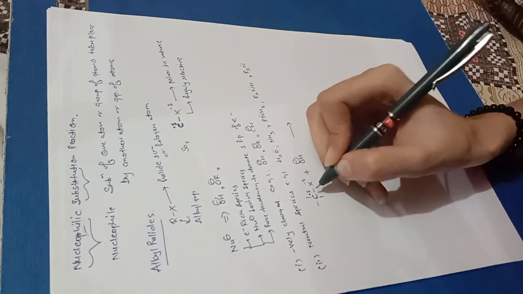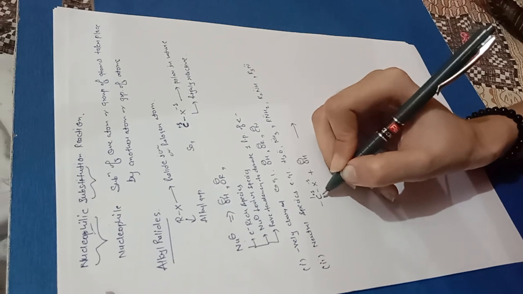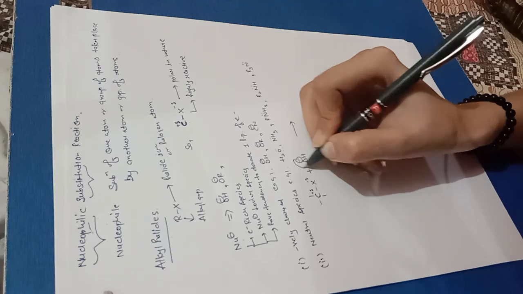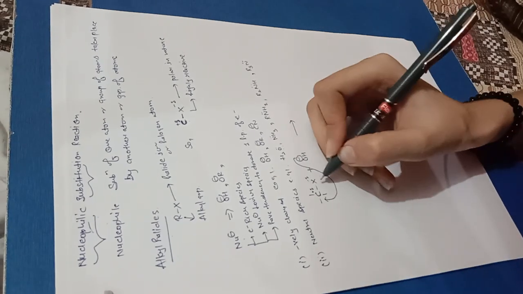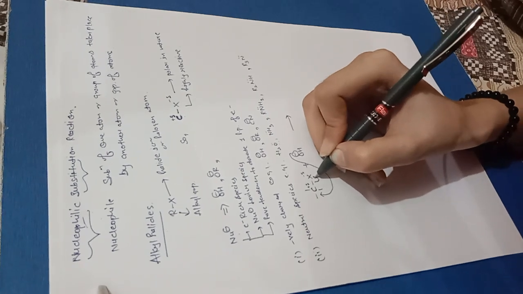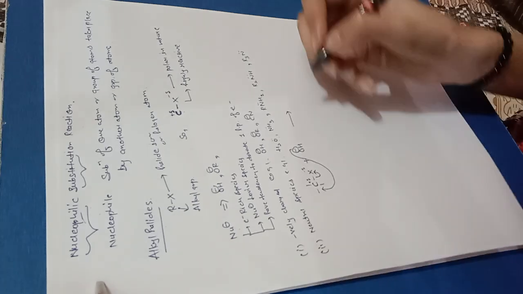So the incoming nucleophile can easily attack the partially positive carbon atom, and as a result the halogen leaves by taking its bonding pair of electrons.